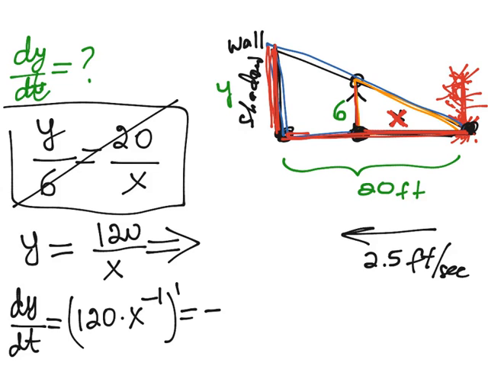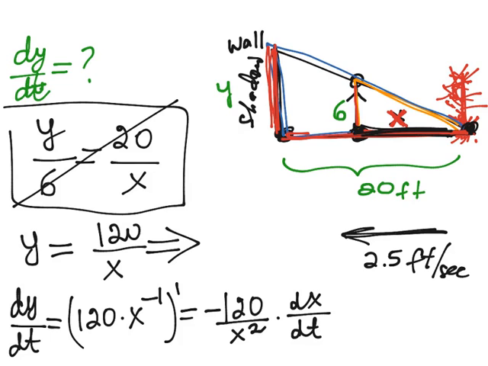So that will be negative 120, times the derivative of x to the -1, which is -1 over x squared, times dx/dt, because x is changing as the person is moving. That is given, by the way, right here: 2.5 feet per second.